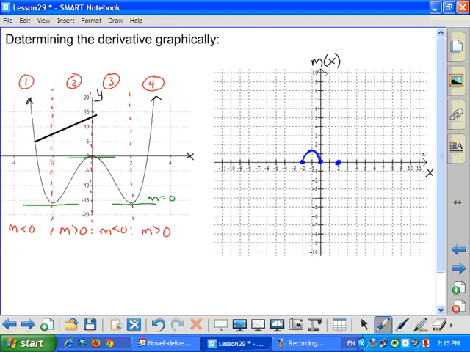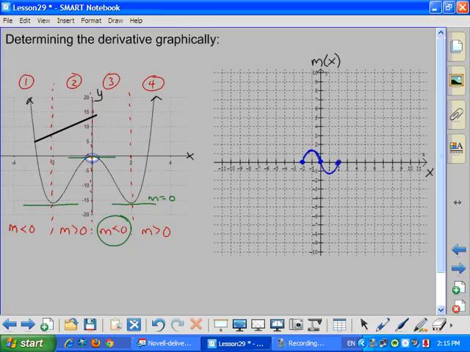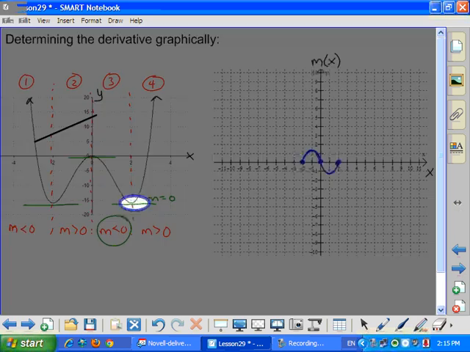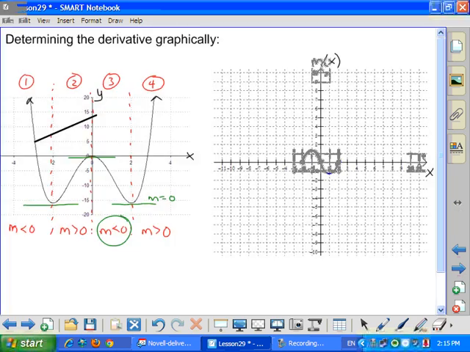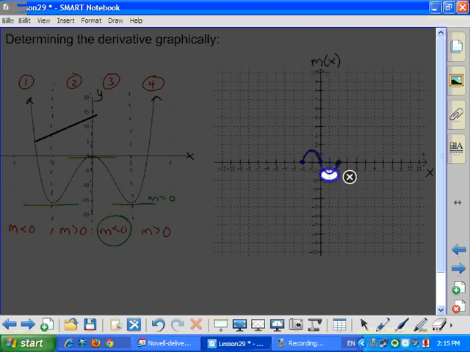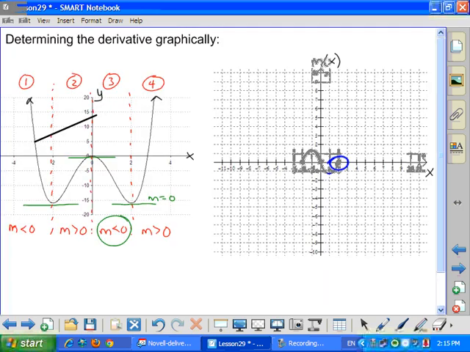I know in section 3, the slope was negative the whole time. It was less than 0. So that means that it's going to be below the x-axis because, again, the slope starts at 0, it'll get really, really steep in this section, and then it goes back to 0. And we were talking about how these are our y values. So there's 0, there's the really steep part, and back to 0.